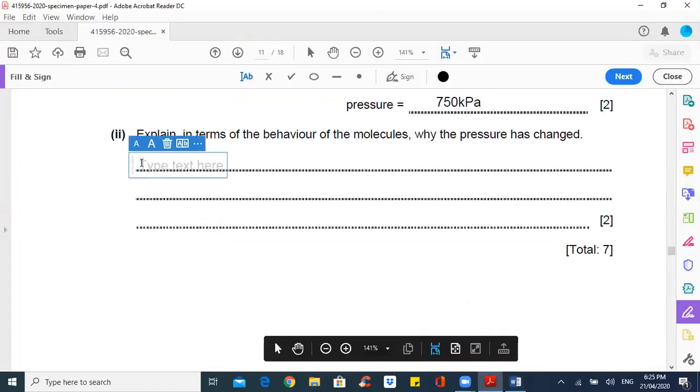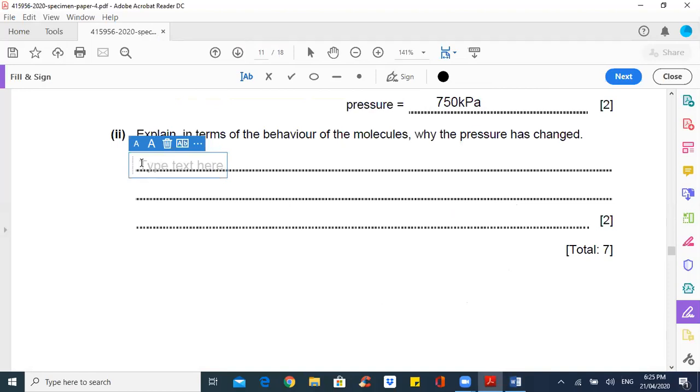So we could say here, explain in terms of the behavior of the molecules why the pressure has changed.